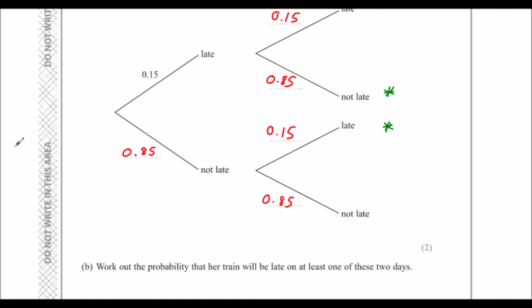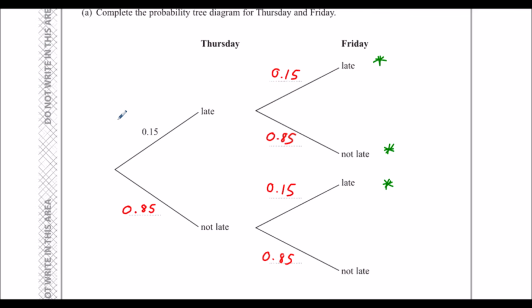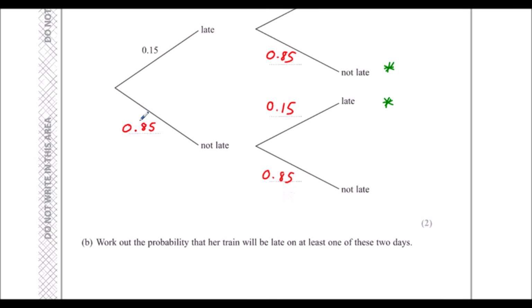So we want everything apart from not late. So we can either work out these three probabilities and add them together, or work out this one, not late, and do 1 minus the answer. Because all these probabilities again have to add up to one whole. So either one of those two approaches would work. Let's do 0.85 times 0.85.